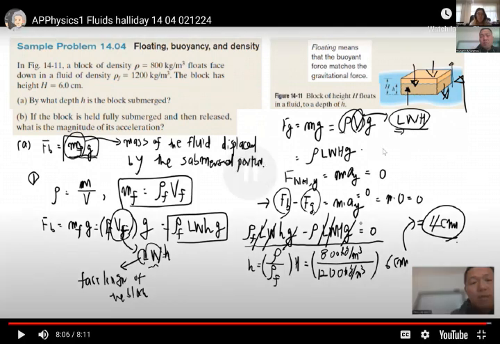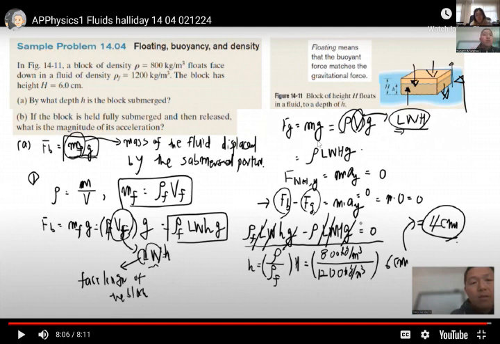Do you understand the second circumstance, the second condition? What's happening? I want to make sure you understand the second question. Yeah, they put the box fully underwater, and then when they let go, the buoyant force is bigger than the gravitational force.